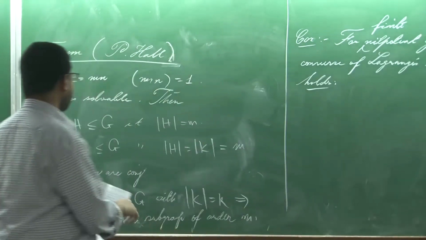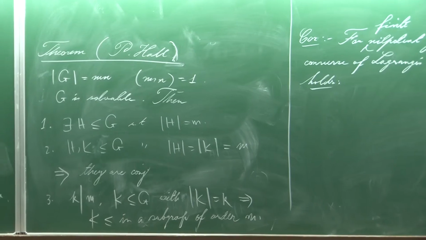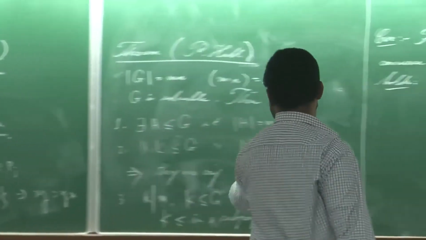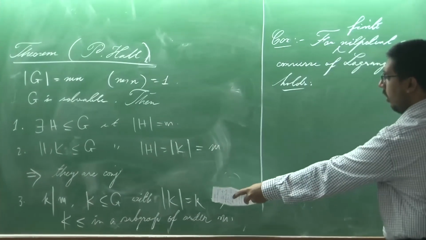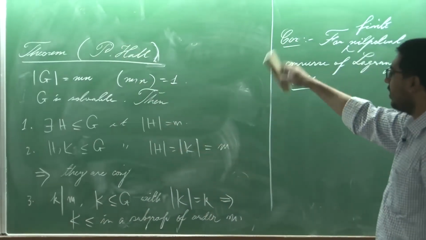Okay. For Sylow's theorem we have proved that every pi subgroup of G is contained in some Sylow pi subgroup. So this is the extension, the generalization of that observation for solvable groups.